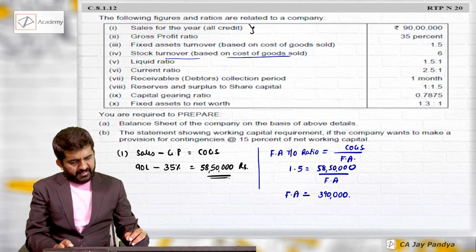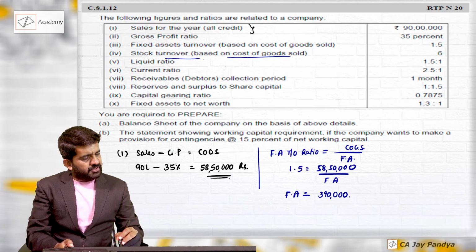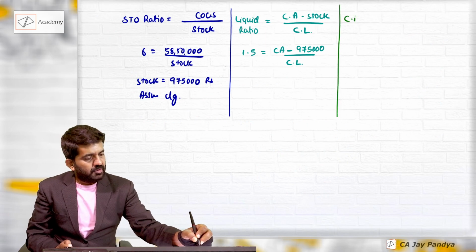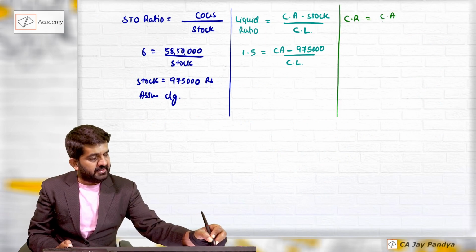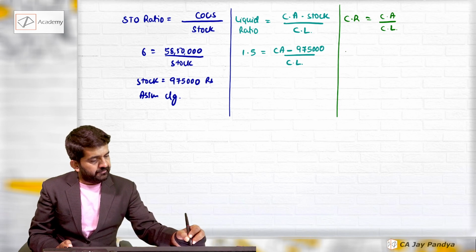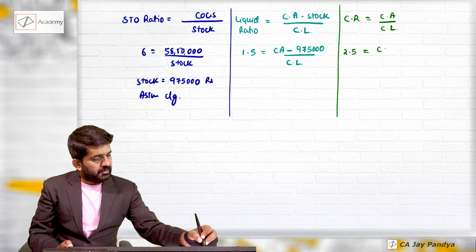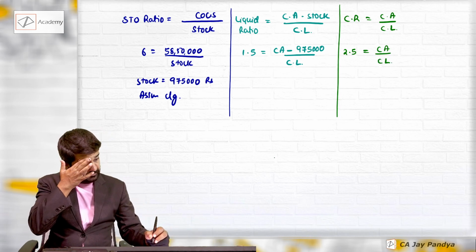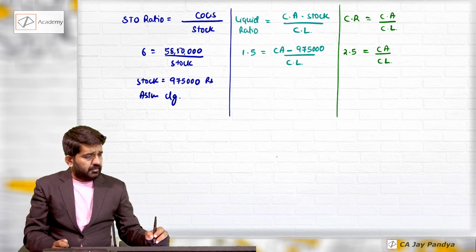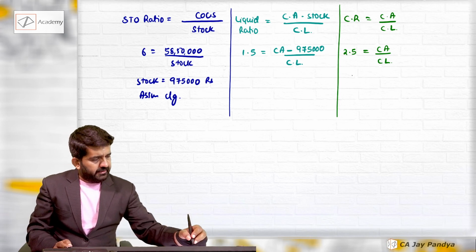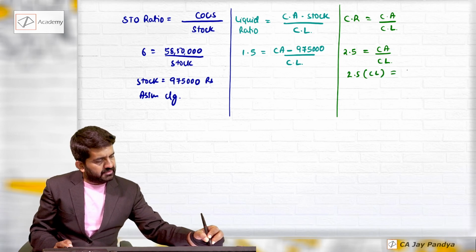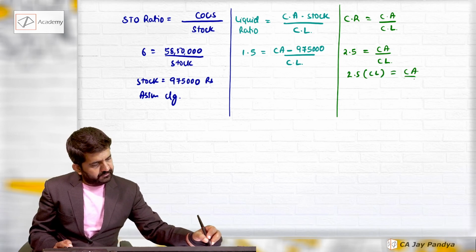All right, next. Current ratio is 2.5:1. Current ratio is current assets divided by current liability is 2.5. I can solve it. 2.5 current liability is equal to current assets.